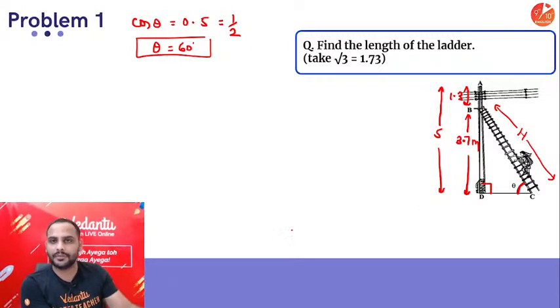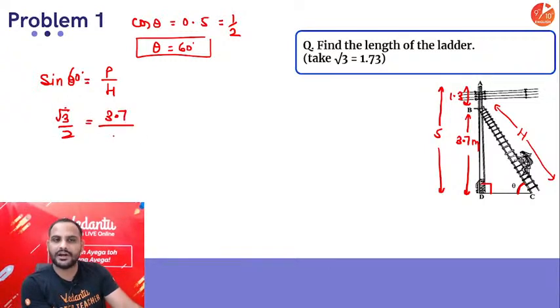Hypotenuse is what? Perpendicular by hypotenuse is sine theta. So sine theta will be equal to perpendicular upon hypotenuse. Sine theta means sine 60 degrees. So root 3 by 2, perpendicular will be 3.7 upon hypotenuse, the length of the ladder. So length of ladder will be 2 into 3.7 divided by root 3.